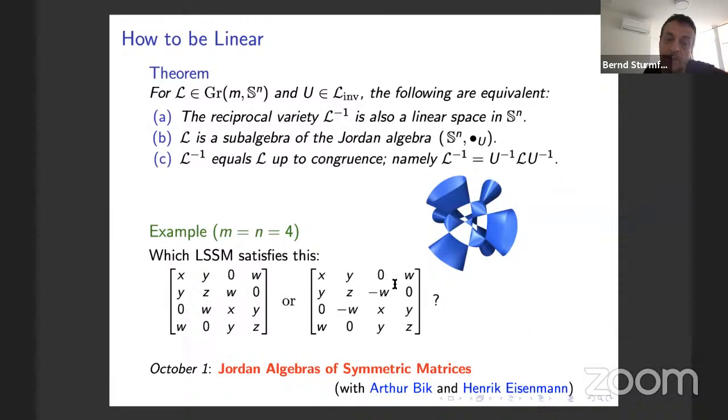All I'm doing is changing the sign on the middle two W's. One of them satisfies this property. One of them violates it dramatically, and you can check. It turns out that this one is a Jordan algebra. This reciprocal is again a linear 3-dimensional space, while here the reciprocal is nonlinear. It's an interesting irrational threefold in P9. That's nonlinear.